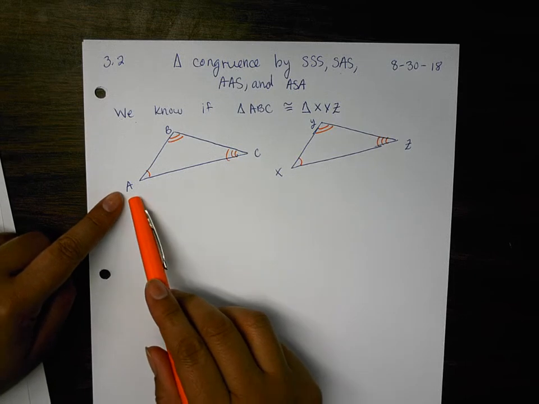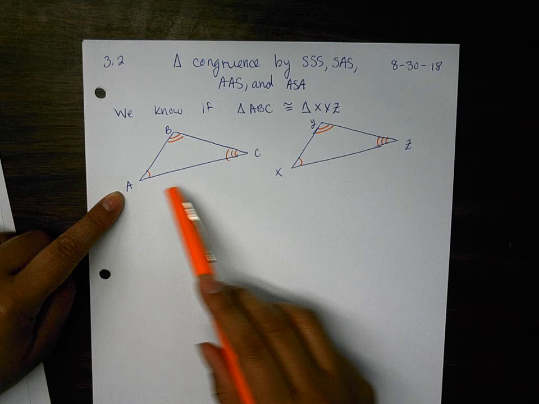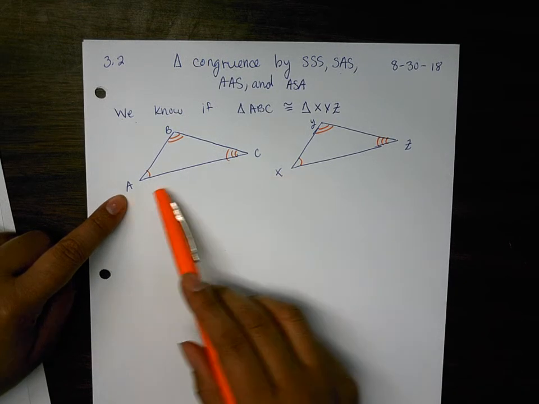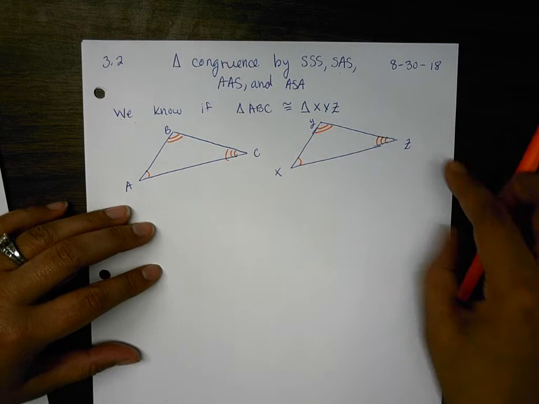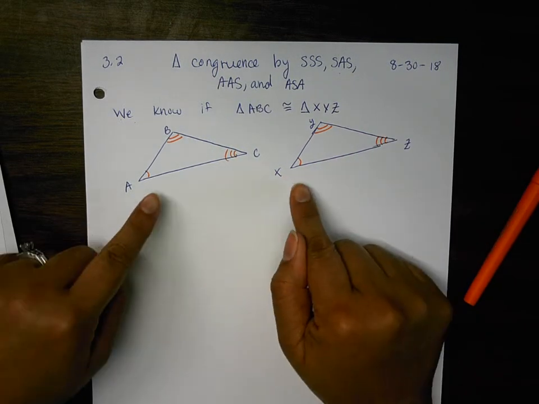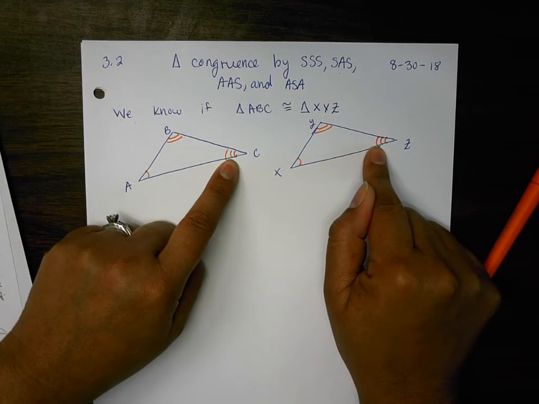So can I say that A is congruent to Y? Or does it have to be its corresponding angle? It's corresponding. It could be congruent to Y if these two angles were congruent, then yes, that would work. But all we know for sure is that corresponding angles are congruent to each other.